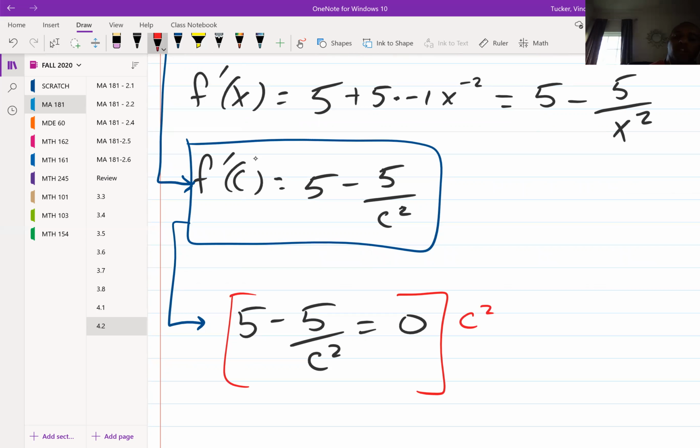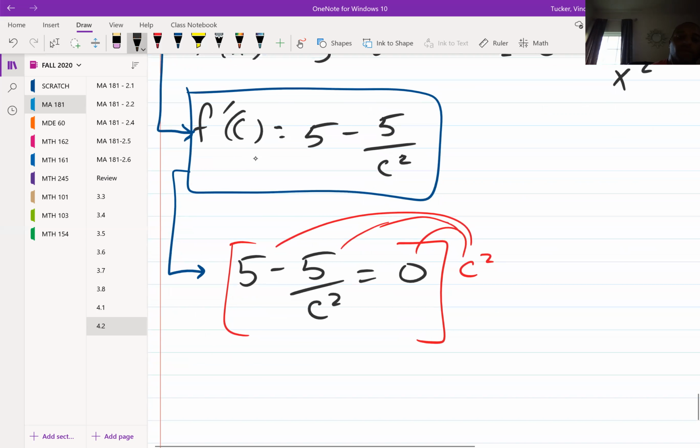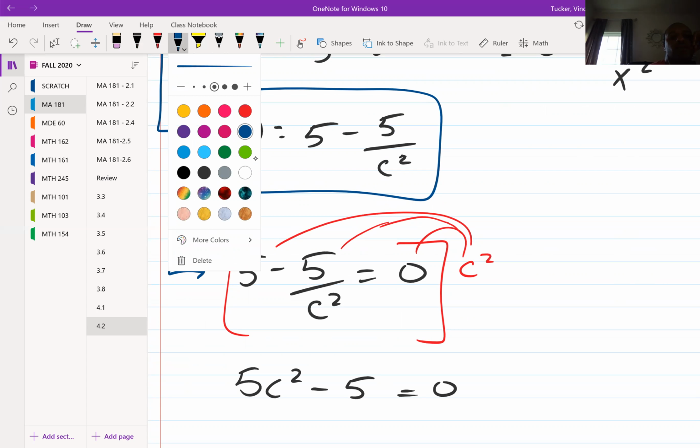So if I multiply each piece by c squared, that would be 5c squared minus 5 equal to 0. This one down bottom will cancel.